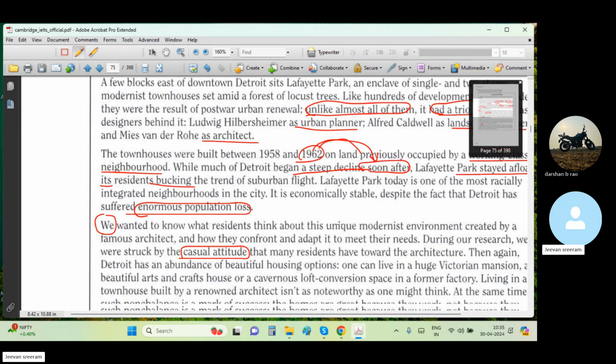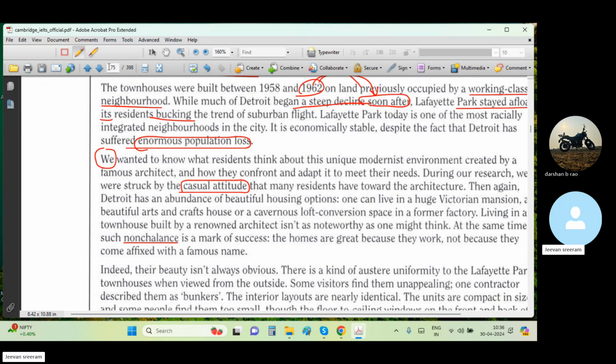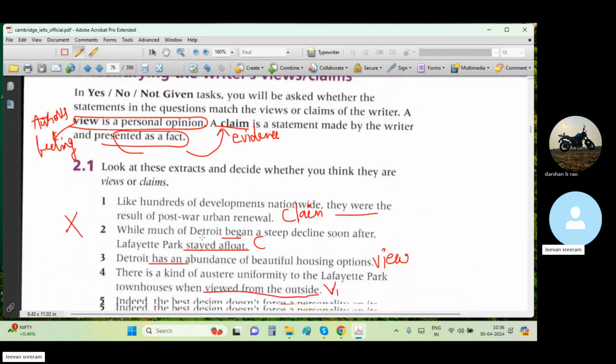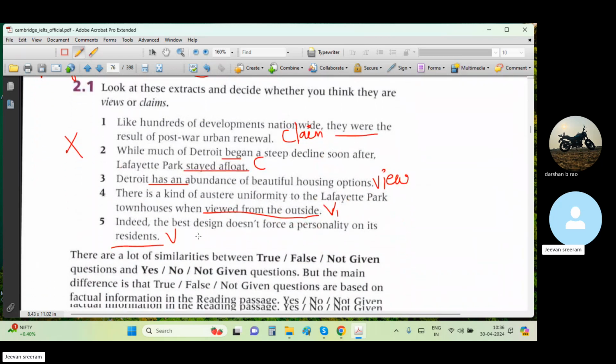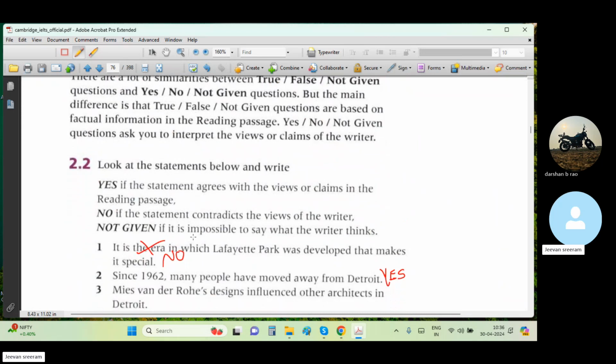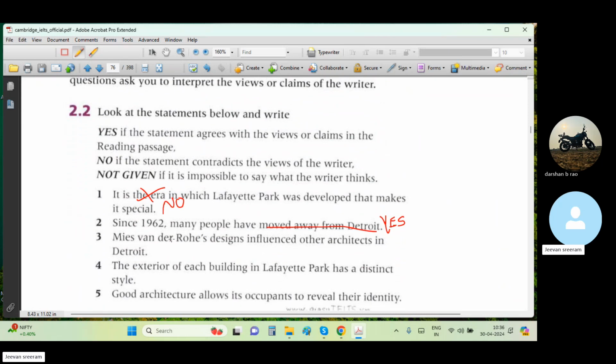The rest of Detroit followed a trend of migrating to cities or suburbs, but Lafayette Park people opposed that trend and stayed afloat. So it is yes, it was clearly given.